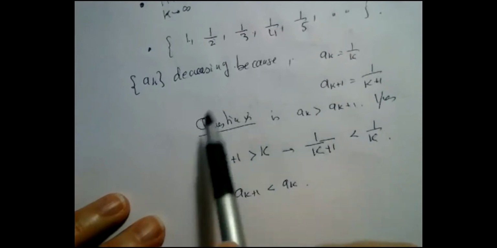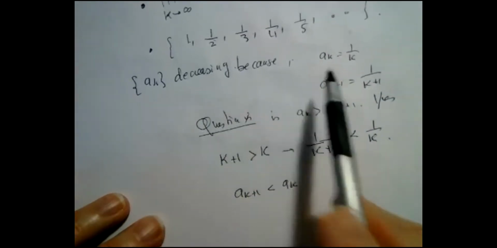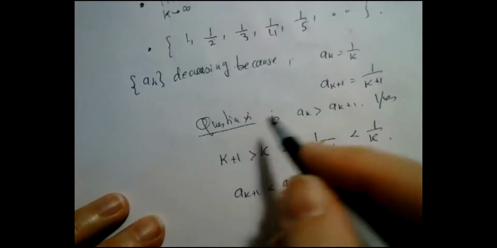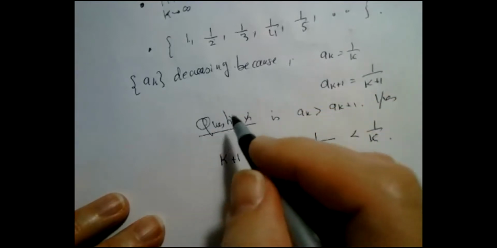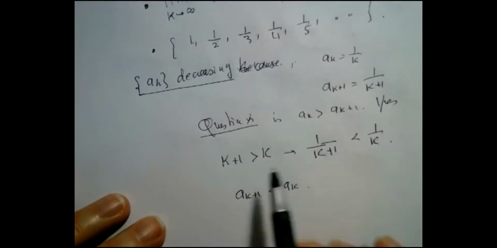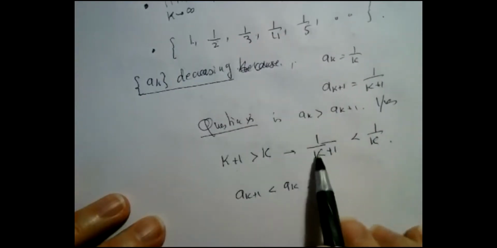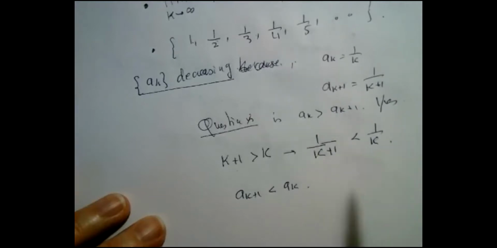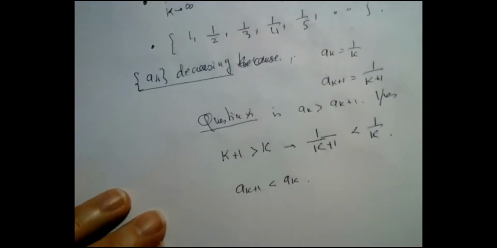That's my question. Is AK bigger than AK plus 1? And the answer is yes, because k plus 1 bigger than k means 1 over k plus 1 is smaller than 1 over k. When the denominator gets larger, of course, the fraction becomes smaller.